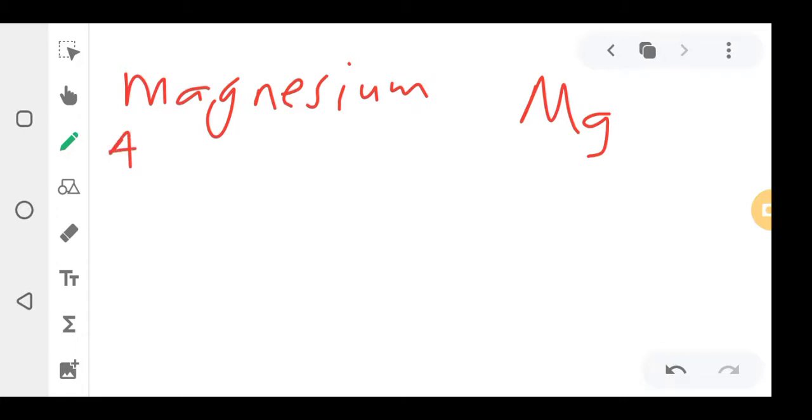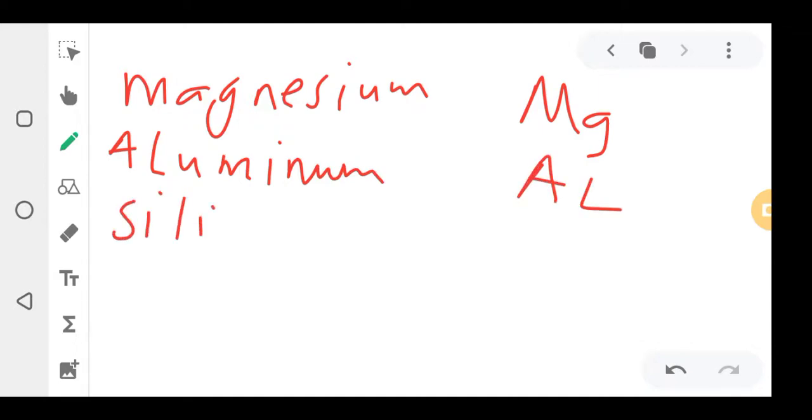Then I've got aluminium, the symbol is Al. We have silicon, it is capital S, small letter i.